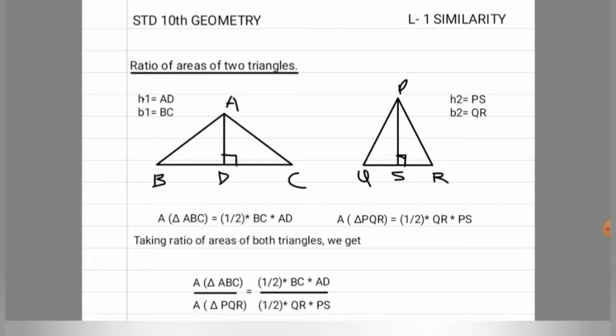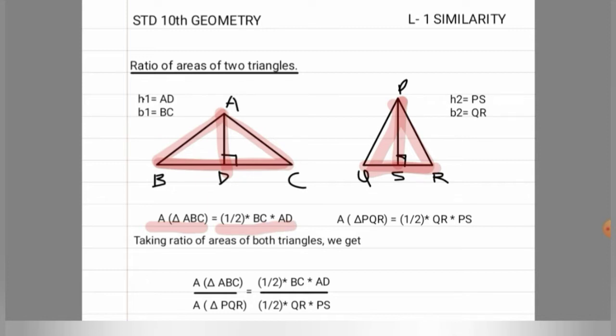Suppose we have two triangles, triangle ABC with BC as the base and AD as the height, and triangle PQR with QR as the base and PS as the height. The general formula for the area of any triangle is half into base into height. If we consider triangle ABC, the area of triangle ABC will be half into BC, that is its base, into AD, that is its height.